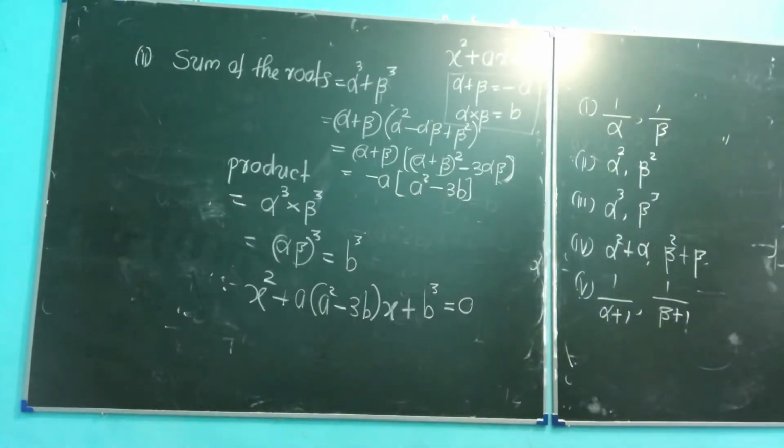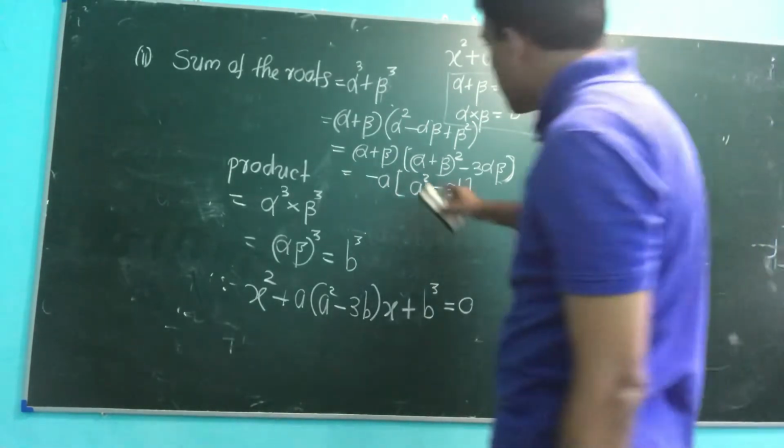So you find the summation and the product separately and go to the answer. Sum of the roots and the product of the roots.